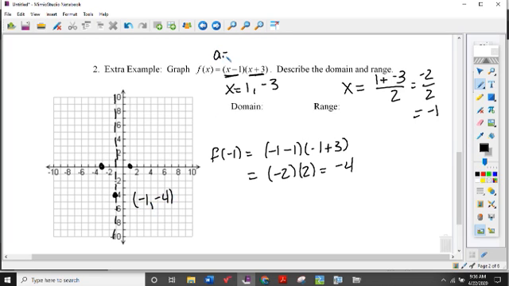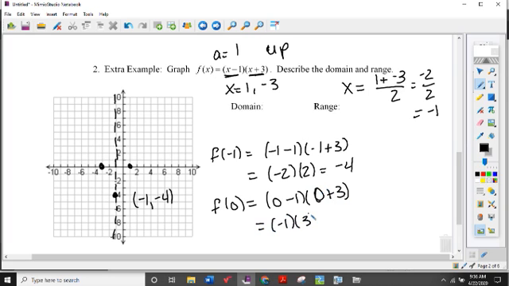Now, a is an understood 1, and it's positive, so my graph will open up. Now, the only other thing I could do is find the y-intercept by plugging in 0 for x. And I find that my y-intercept is at 0, -3.